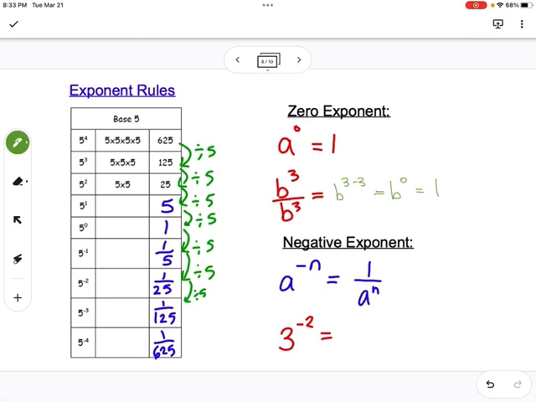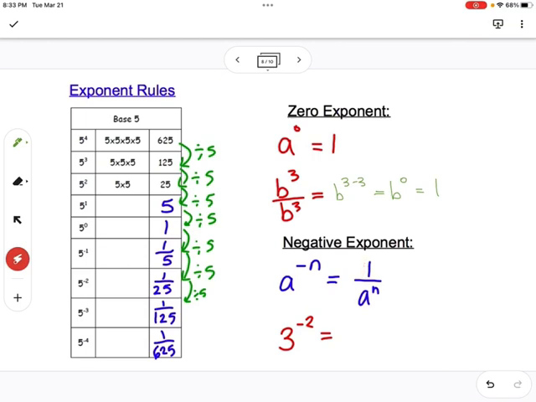And our negative exponent law, we have a to the negative n. So whenever we have a negative exponent, we can make it 1 over that positive exponent. We get rid of the negative because we made it over 1.